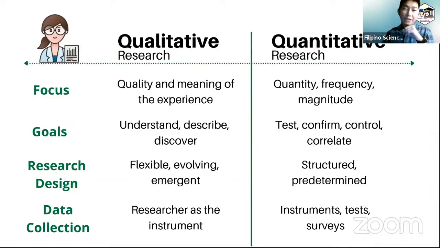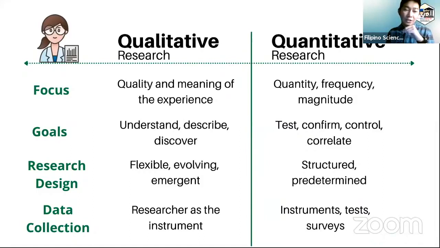So the research design is very flexible. And I'm not very familiar with this, but that is the nature of it. While in quantitative research, the research design would be very controlled, very structured, and predetermined. So we cannot deviate from the experimental design.